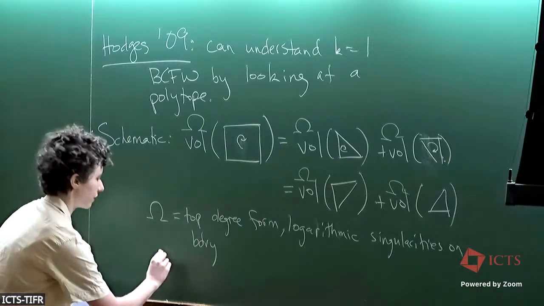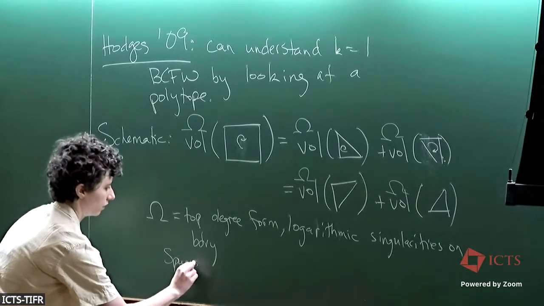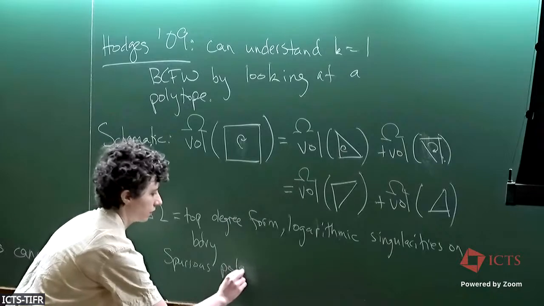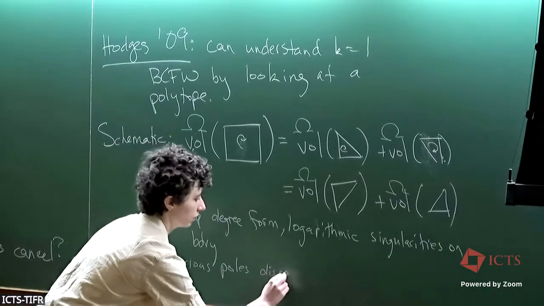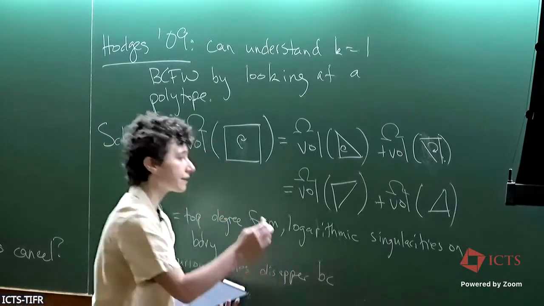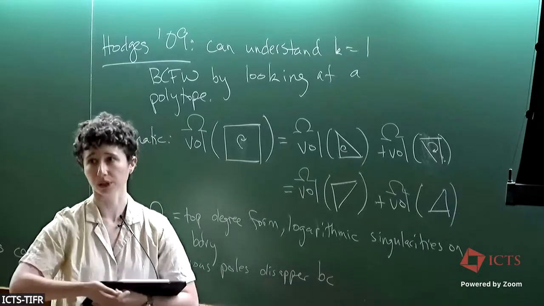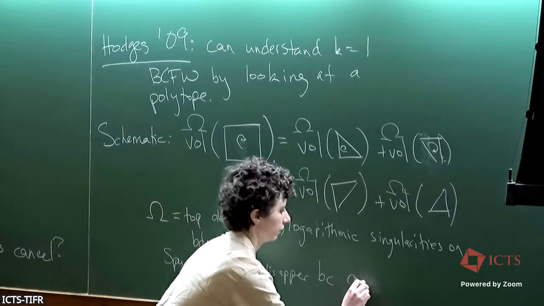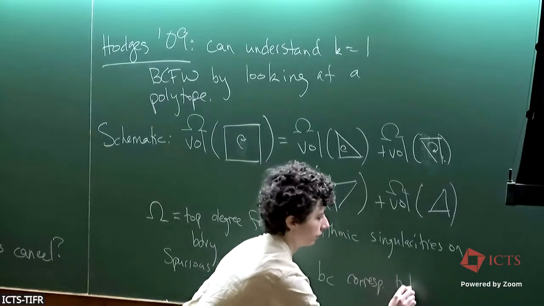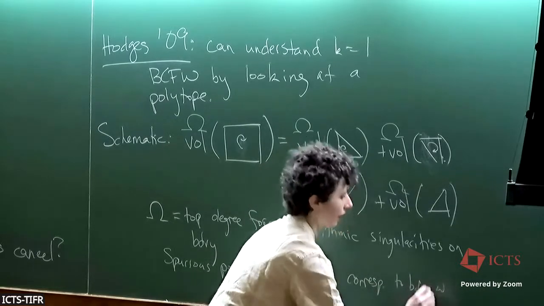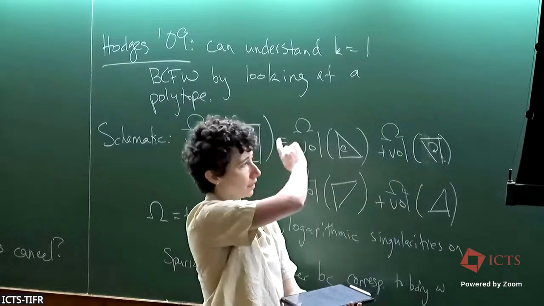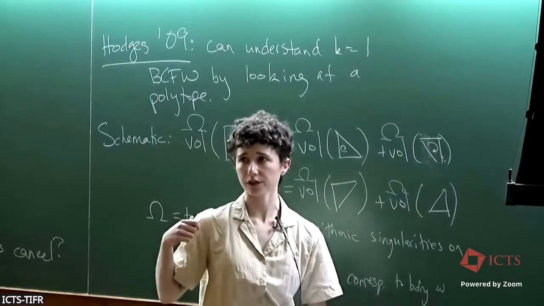So the spurious poles disappear because they correspond to a boundary where we're gluing the pieces together. It's a boundary of the piece, but not really a boundary of our big object that's actually telling us about the amplitude.